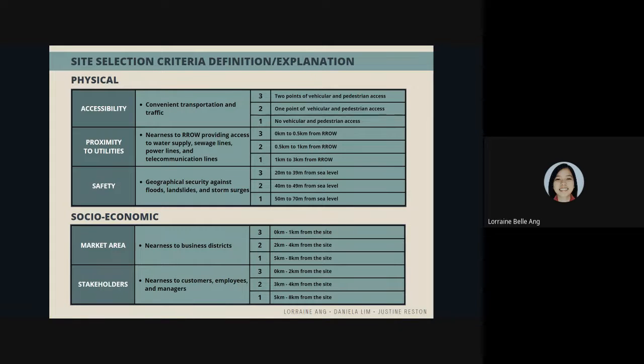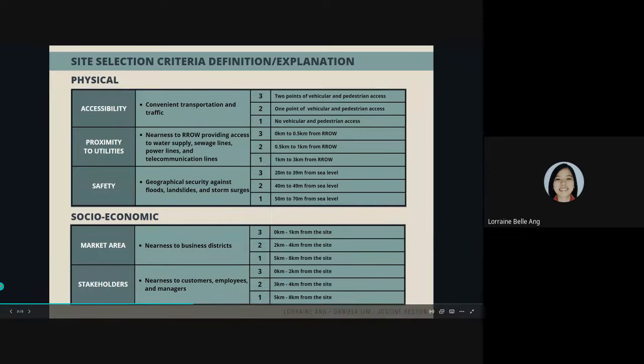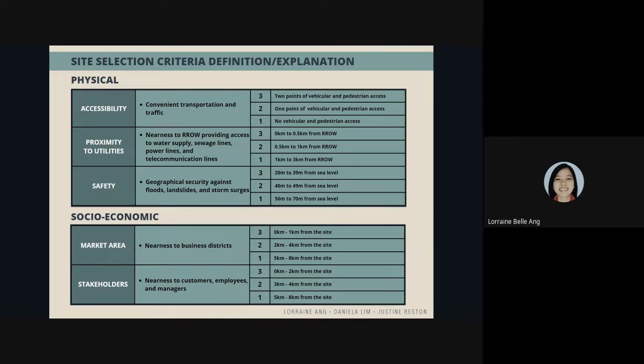This is the nearness to the RROW, providing access to the water supply, the sewage lines, the power lines, and also the telecommunication lines. Then for the safety, this is security against floods, landslides, and storm surges, which we can identify in the hazard maps later in the site analysis.